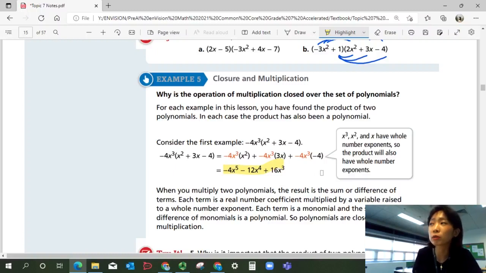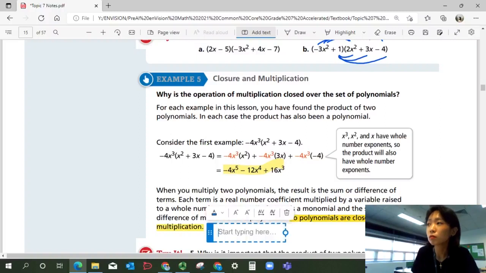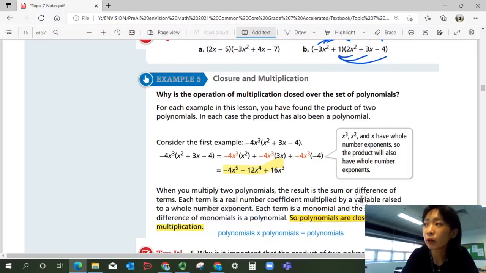So each term is a monomial. The sum or difference of monomials is a polynomial. So polynomials are closed under multiplication, which means polynomials times polynomials will always be polynomials, is what it means when you say polynomials are closed under multiplication. Okay, that's what it means.